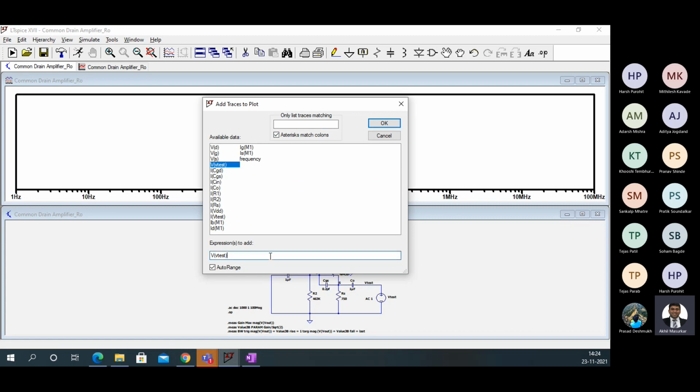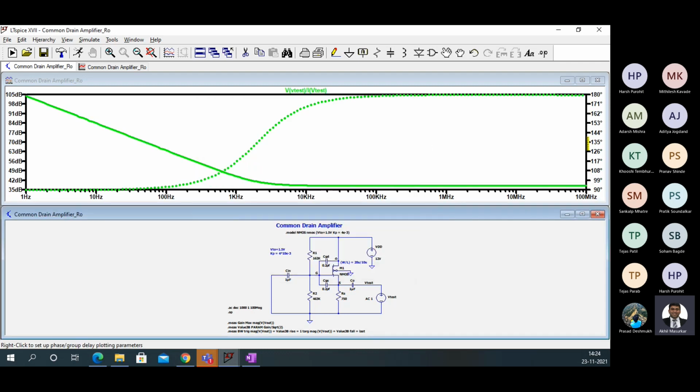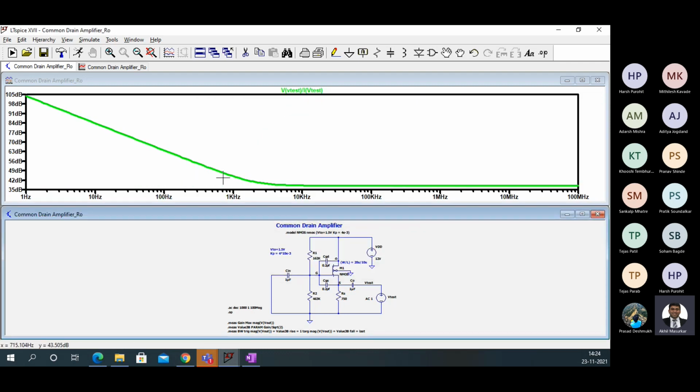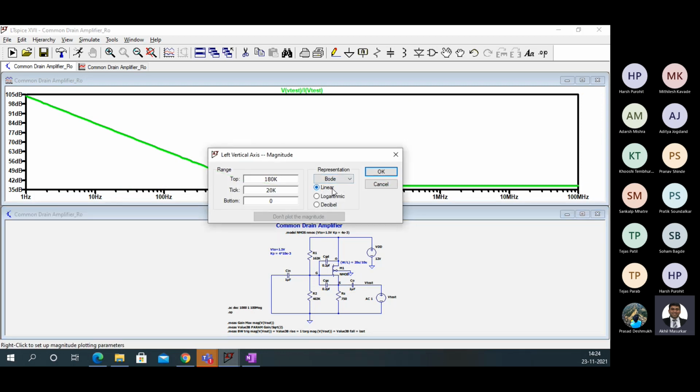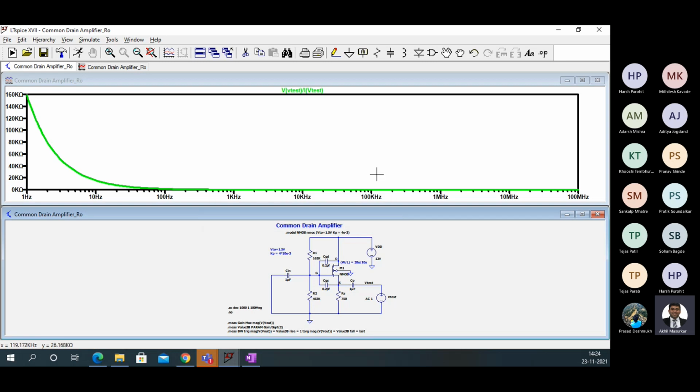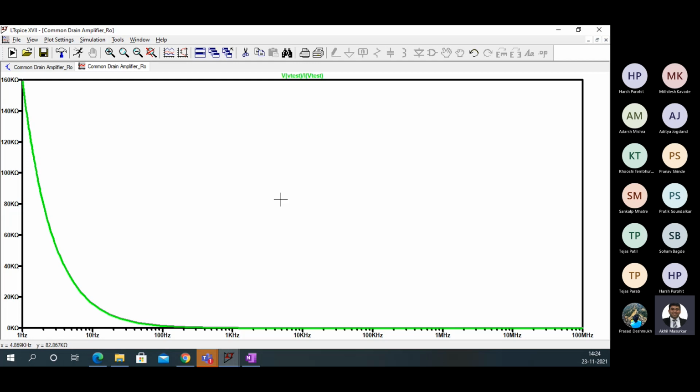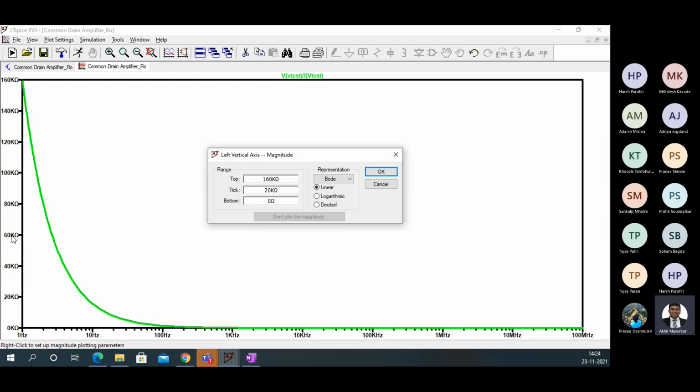You can say V test divided by I test, and say don't plot phase, and here one thing you should see is that the output impedance of this circuit is very low. It is something, it's few ohms. Okay. It's just few ohms.